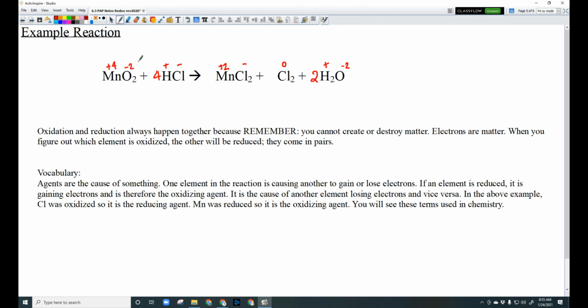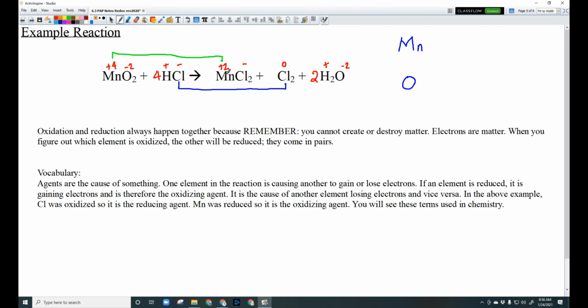Well, reduction is gaining electrons. So if something gains electrons, it becomes more negative. So +4 to +2. That's kind of confusing. Well, if this is a +4 and now it's a +2, in order to do that, it had to gain 2 negative charges, right?